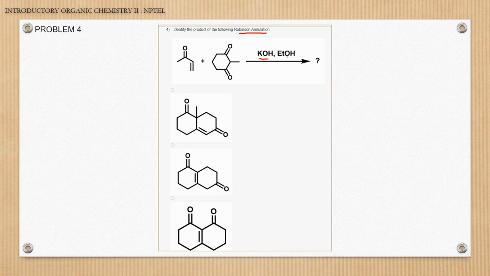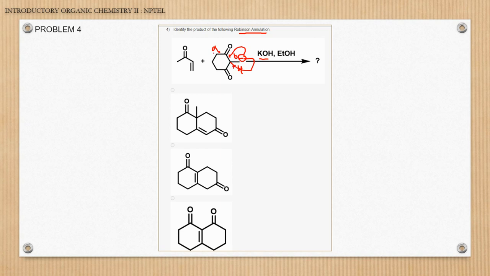So first of all, the base will abstract the acidic proton. From where will it abstract the acidic proton, HA or HB? Can you tell me which proton is abstractable here by the base? HB. Because after the formation of the carbanion at HB, it is in conjugation with both carbonyl compounds, a similar concept as before.